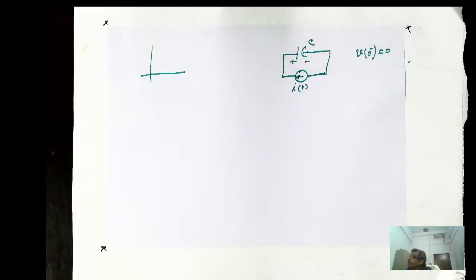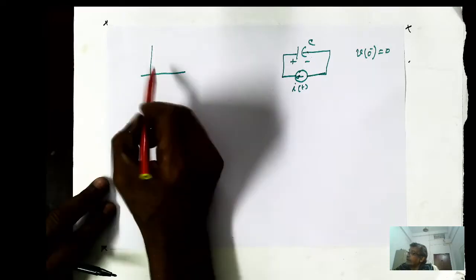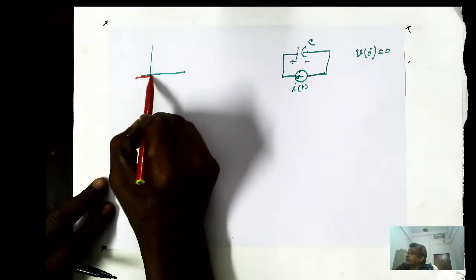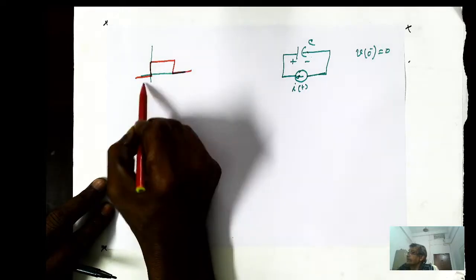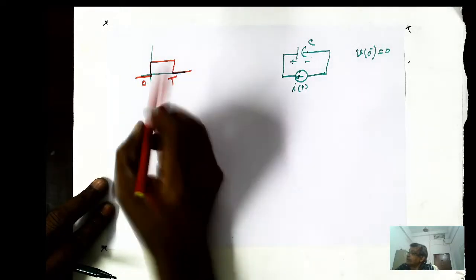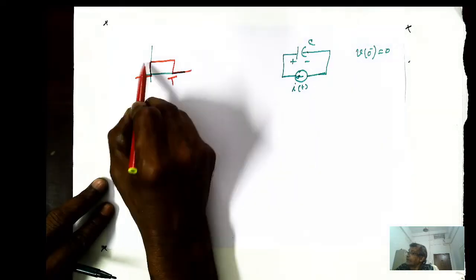How much voltage was present across the plate of the capacitor, let us assume that is 0, and then you give a current pulse to the plate of the capacitor from 0 to T of magnitude say plus I ampere.